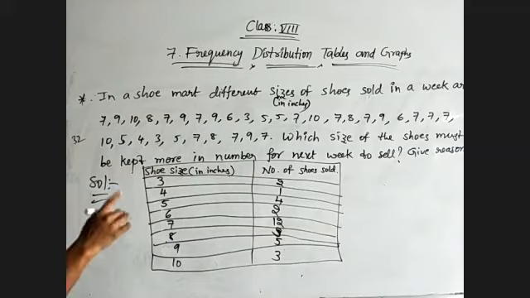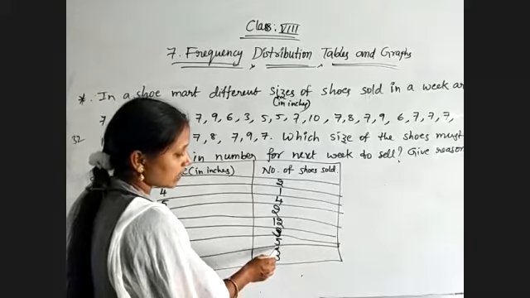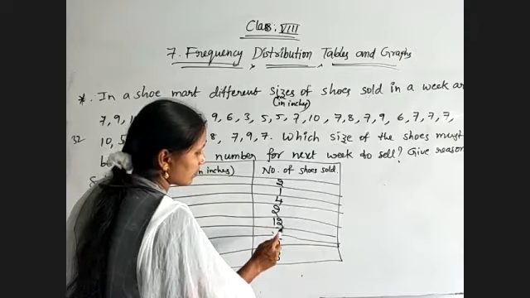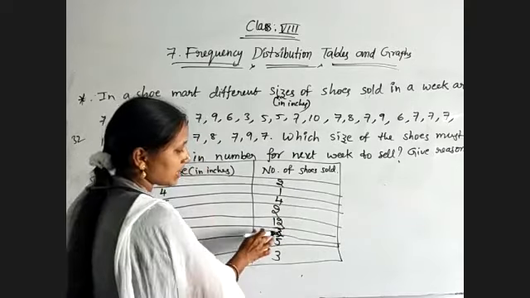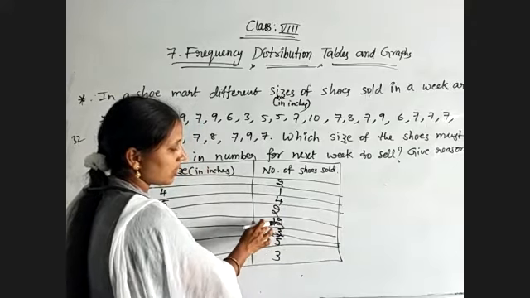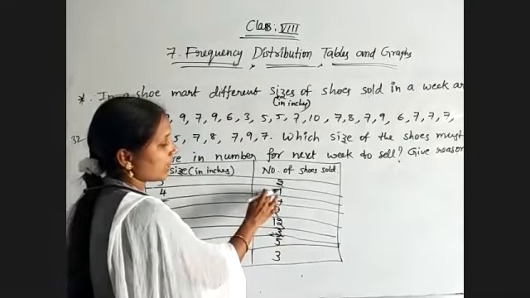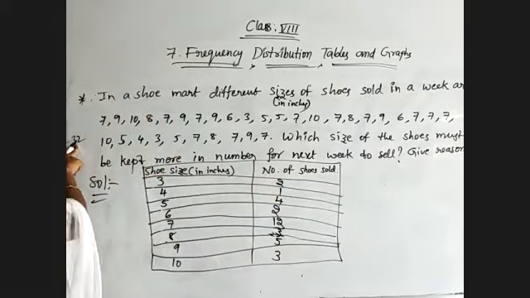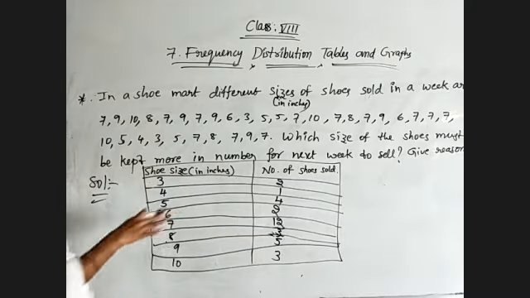To check whether we get 32 or not, the total number of observations: 5 plus 3 is 8, 8 plus 3 is 11, 11 plus 12 is 23, 23 plus 2 is 25, 25 plus 5 is 30, 30 plus 2 is 32. So 32 observations are there, 32 numbers we got. No numbers are missing, that's all the numbers we have noticed.